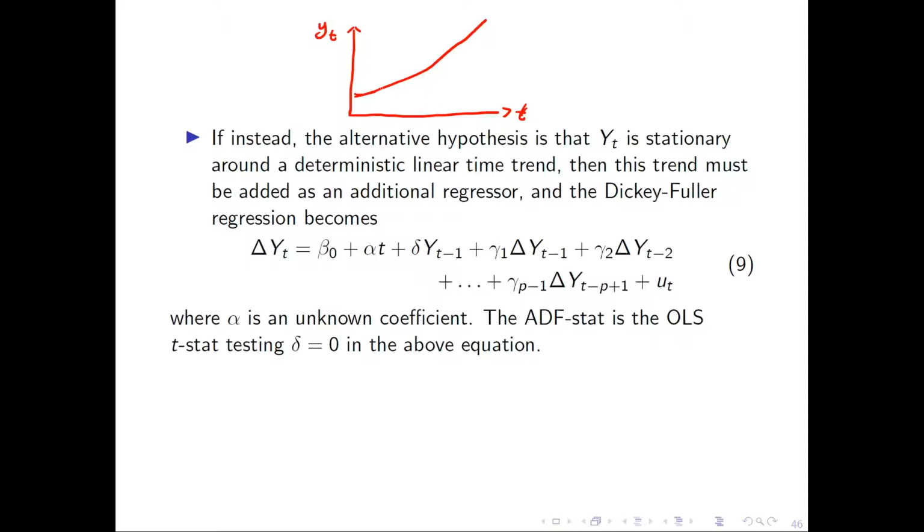So this might then be thought of as a deterministic trend. So this curvature is the deterministic trend, and the intercept here is the linear bit of this upward trend. And the curvature is then captured by this deterministic trend.